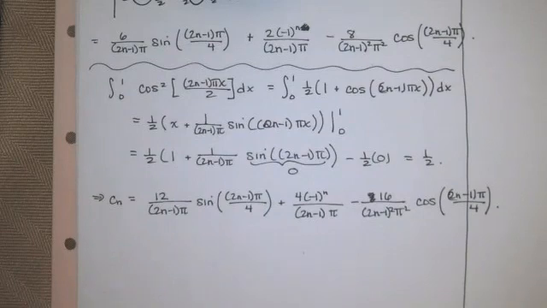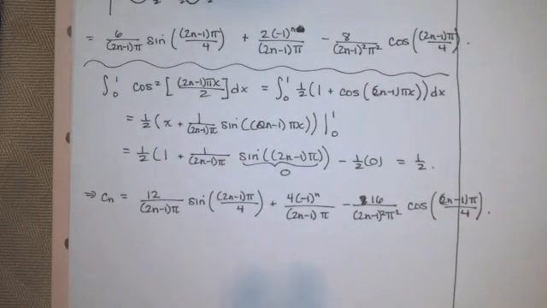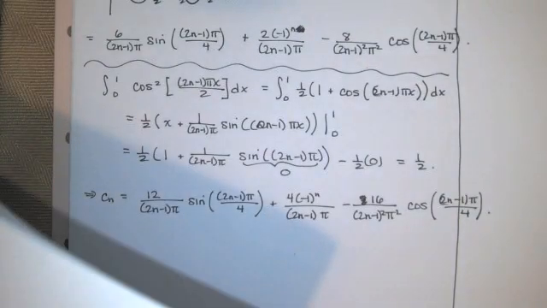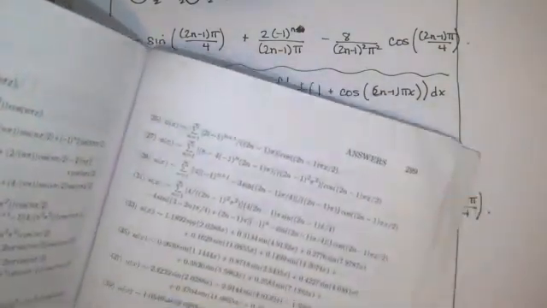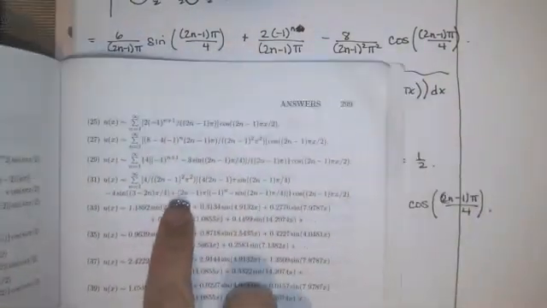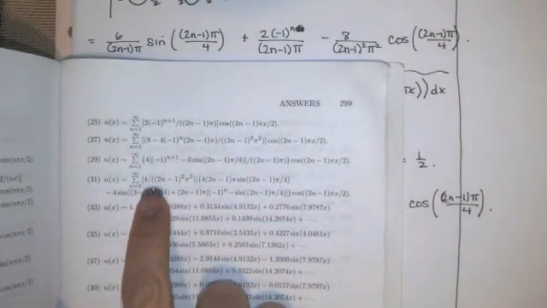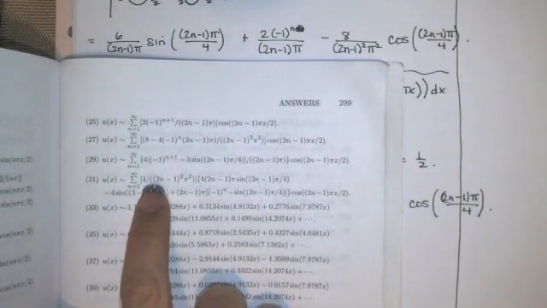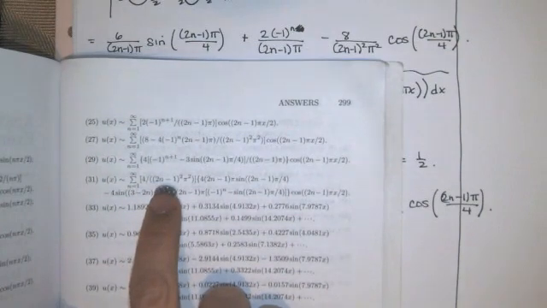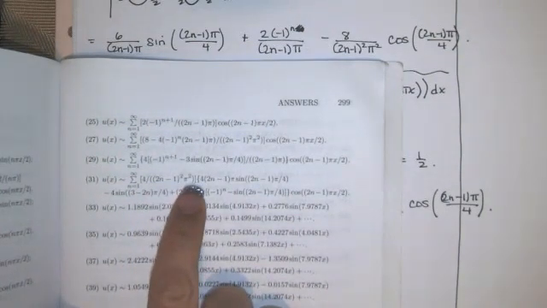Ooh, that's a doozy. Now, if you're checking your answer in the back of the book, in the Coach and Constanda textbook, the solution is not always written in exactly the same form. Here, it looks like someone has factored out the 4 over (2n minus 1) squared pi squared.